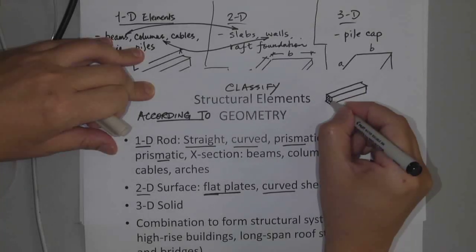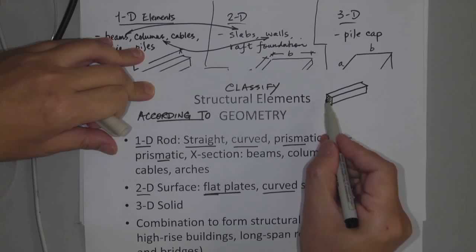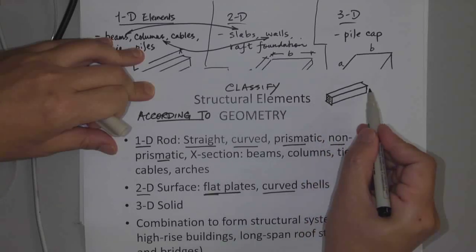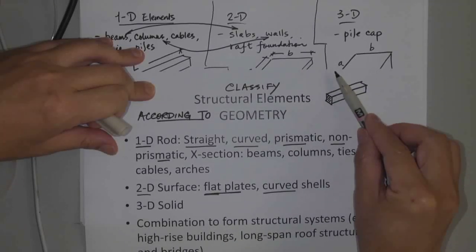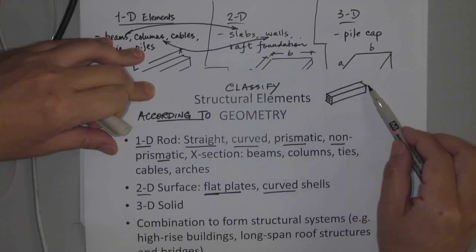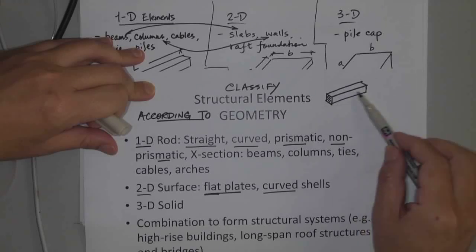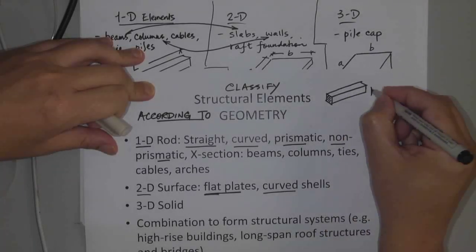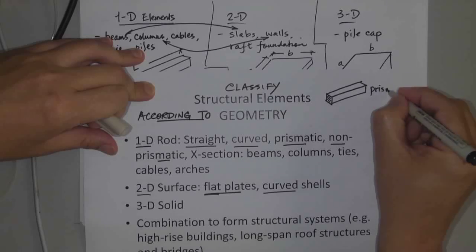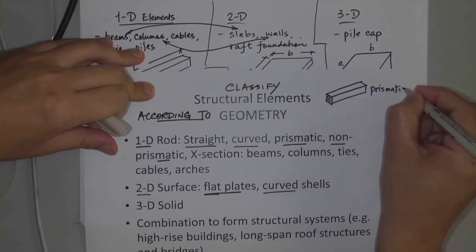So what that means is the cross section size is the same everywhere, right? No matter where you cut the section here, it's the same. If you look at it on the other side, it's the same. So the cross section size is the same everywhere. This is called prismatic.